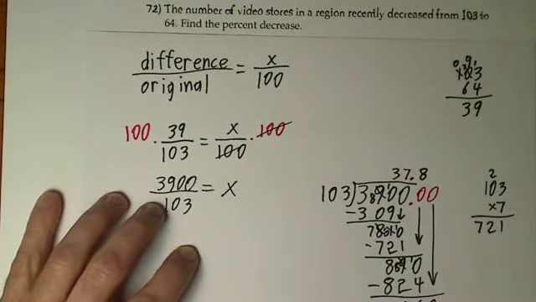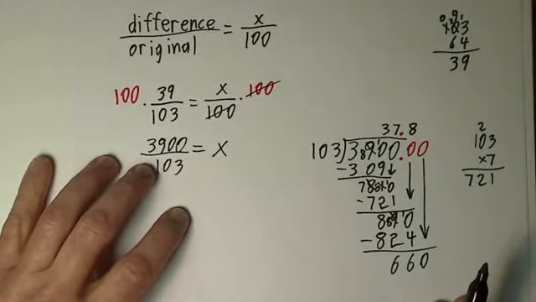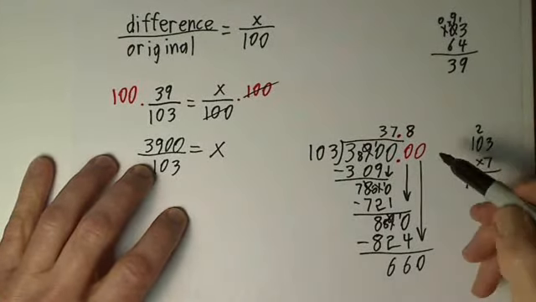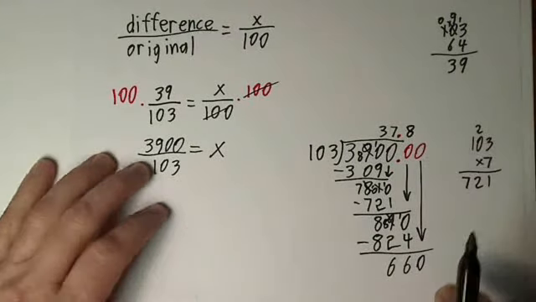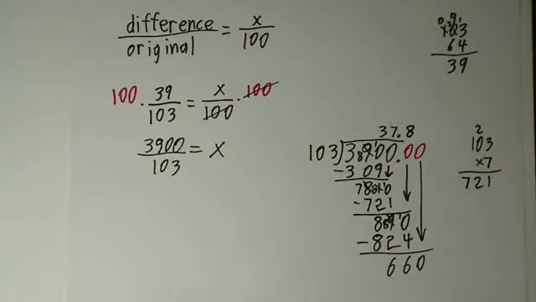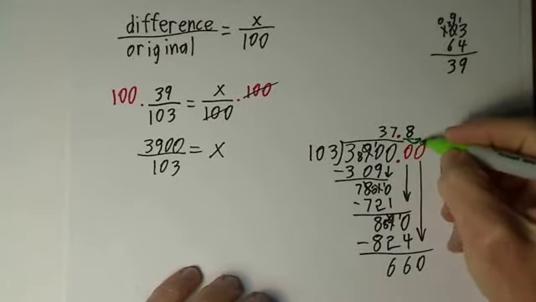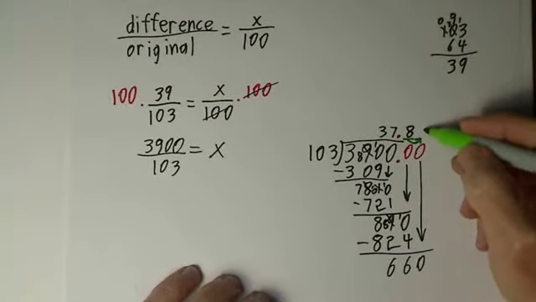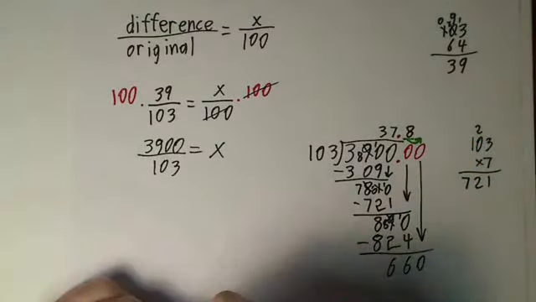If I'm going to round to the nearest tenth, all I need to know is this digit here. Let me emphasize that. I just have to know if the digit is 4 or less or 5 or greater. I'm standing in the tenths place, looking at the next digit, and I just need to know if this is 0 through 4 or 5 through 9. I don't have to do any other calculations.